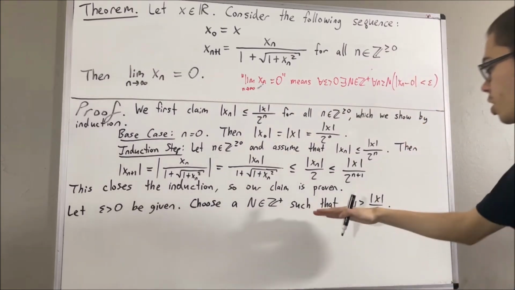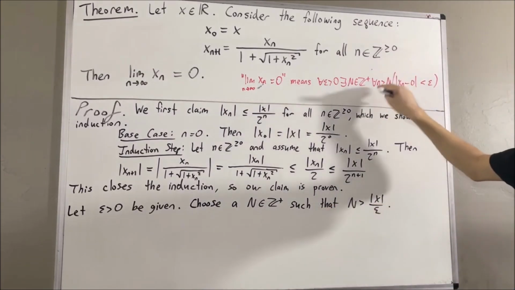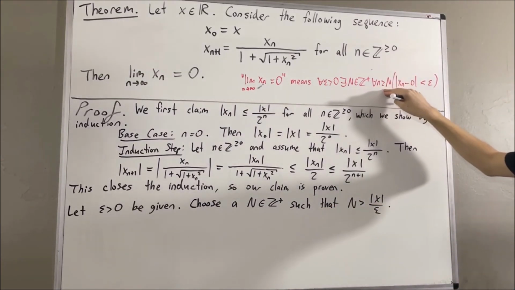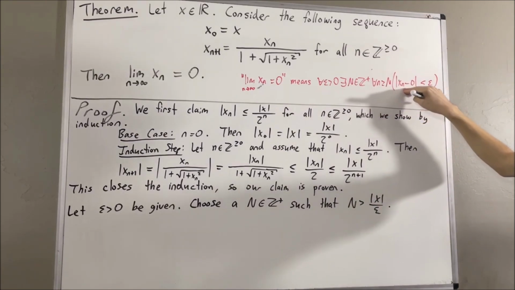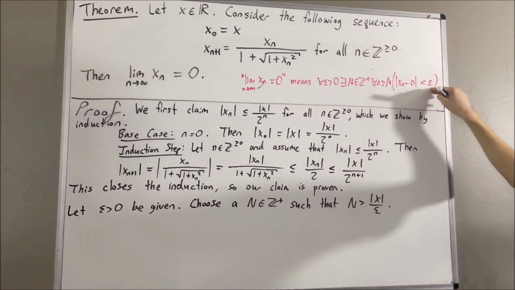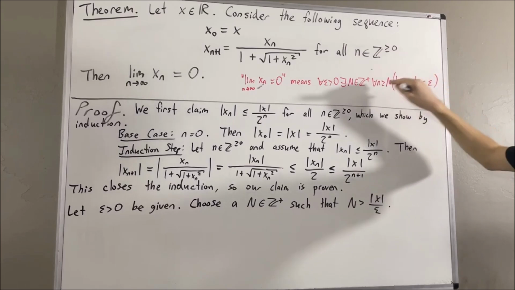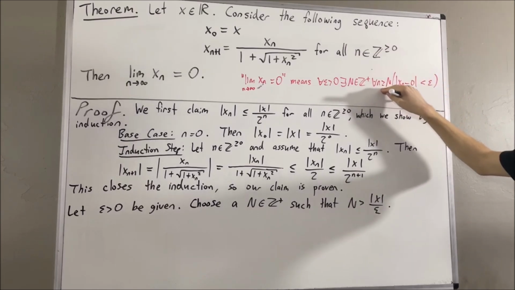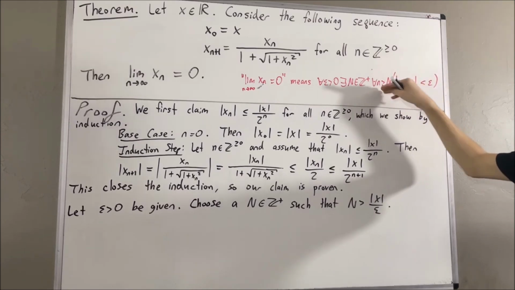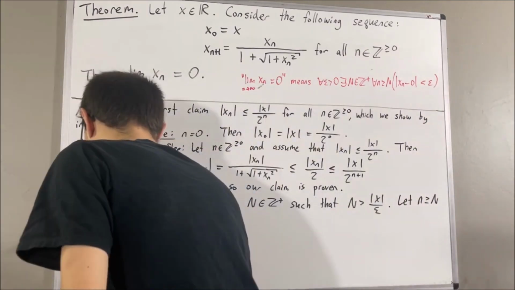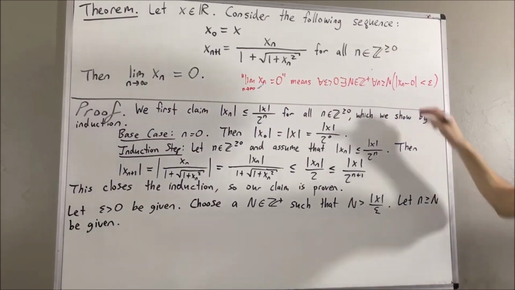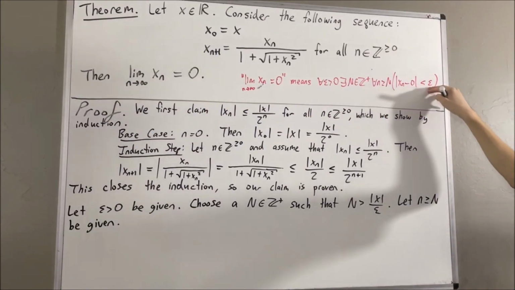The claim is, with this choice of capital N, it follows that for all n greater than or equal to capital N, absolute value of xn minus 0 is less than epsilon. And so to prove that statement, since we're trying to prove a statement about every integer greater than or equal to capital N, let's give ourselves an arbitrary integer greater than or equal to capital N. Call it n. And from here, we want to show absolute value of xn minus 0 is less than epsilon.